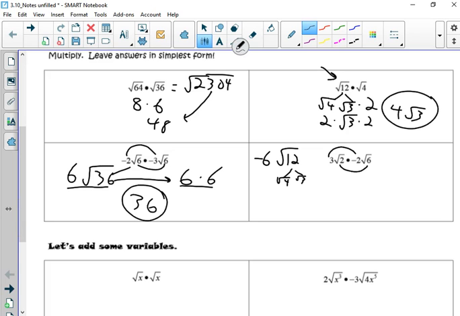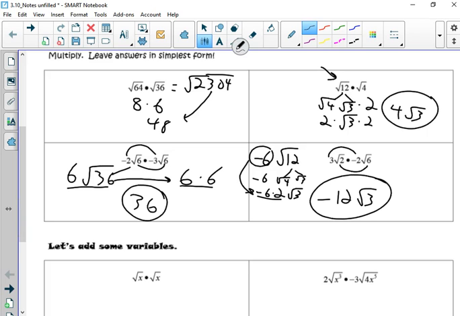Don't forget about this negative 6 here. Bring it down with you, or circle it to remind yourself, or draw an arrow. Remind yourself that it's going to be part of the next step. So we're at negative 6 times 2, radical 3. And then again, outside numbers, simply negative 12, radical 3.